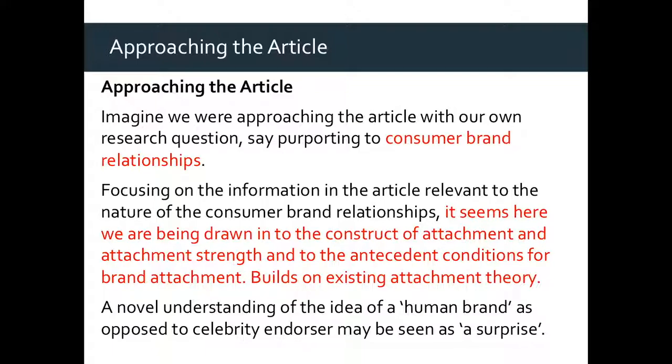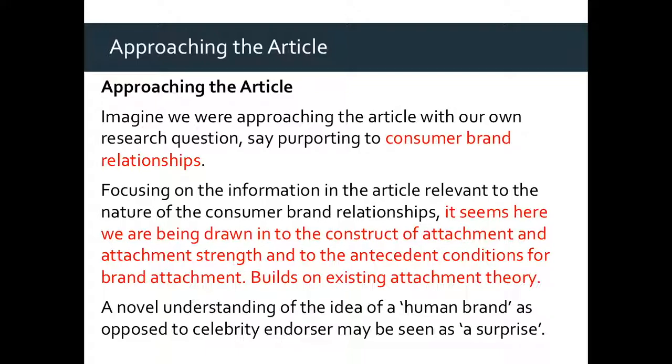And we're looking at those antecedents and antecedent conditions, i.e., what causes people to become attached to brands, or in this case, to human brands. It builds on a vast literature of attachment theory, and we're going to go into that in a little more detail as we progress through the video.